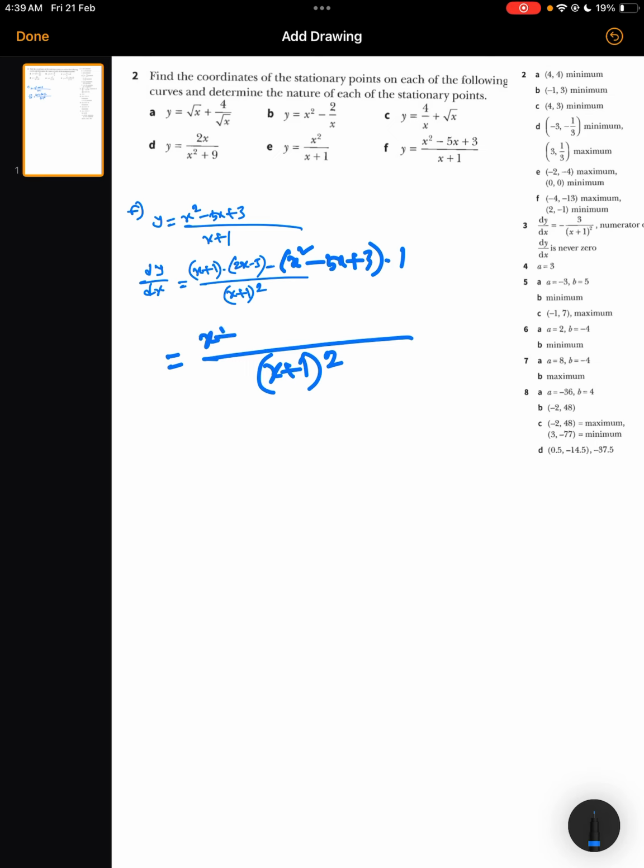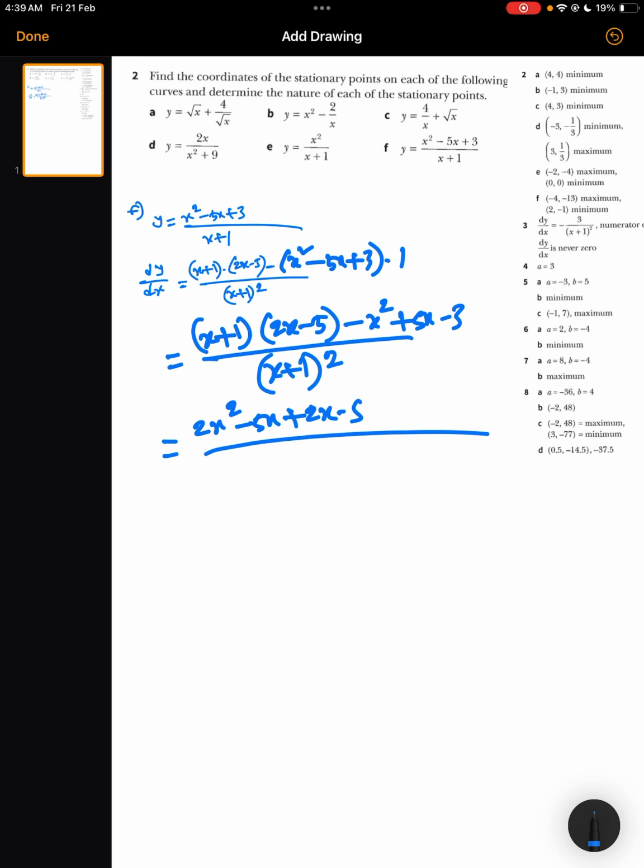Okay, so (x plus 1) times (2x minus 5), so minus (x squared minus 5x plus 3): 2x squared minus 5x plus 2x minus 5 minus x squared plus 5x minus 3, over (x plus 1) whole square.